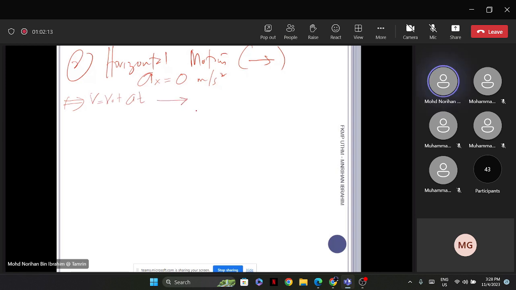The equation that we need to consider on the horizontal direction becomes VAX is equal to VOX, and VOX is equal to 7.5 cos 30 degree.